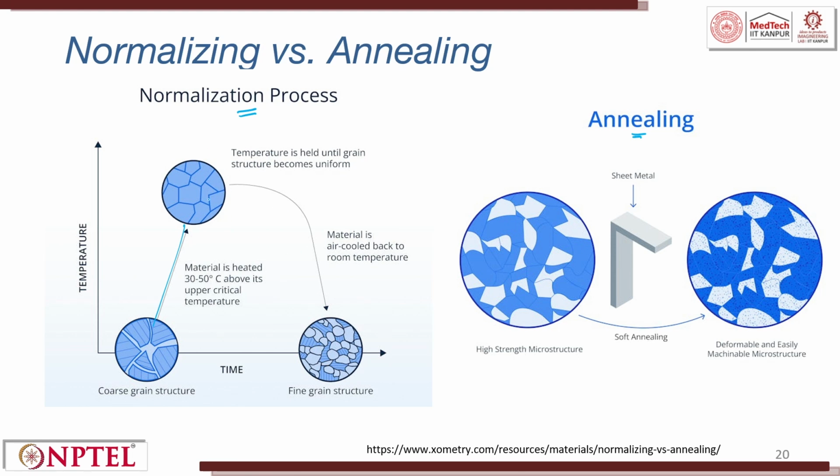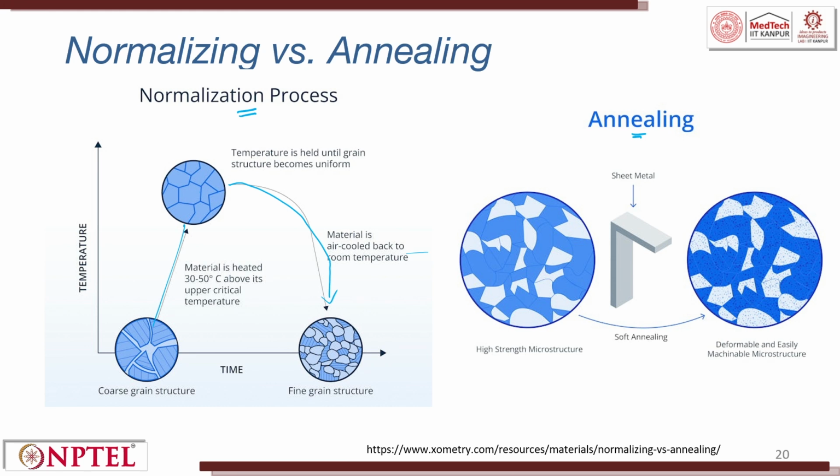Then the material is air cooled back to room temperature, and you see fine grain structures getting formed. So, coarse grains are converted into fine grains during the process of normalization.